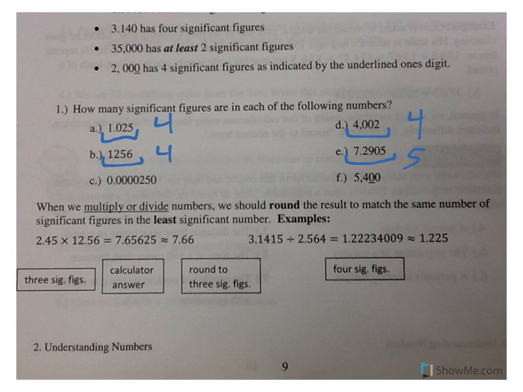When you look at this one, notice how those zeros are at the front and at the back. So this one really only has 2, the 2 and the 5 there. In letter F, because of where it's underlined, the 540, this one has 3.